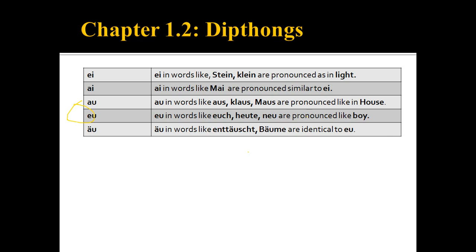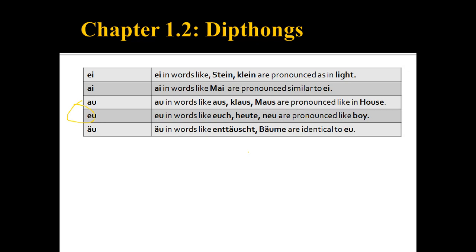The critical one is EU. Students often make the mistake of pronouncing this word incorrectly, but the actual pronunciation is like the English word boy. This oi sound is what this combination carries, like euch, heute, neu.